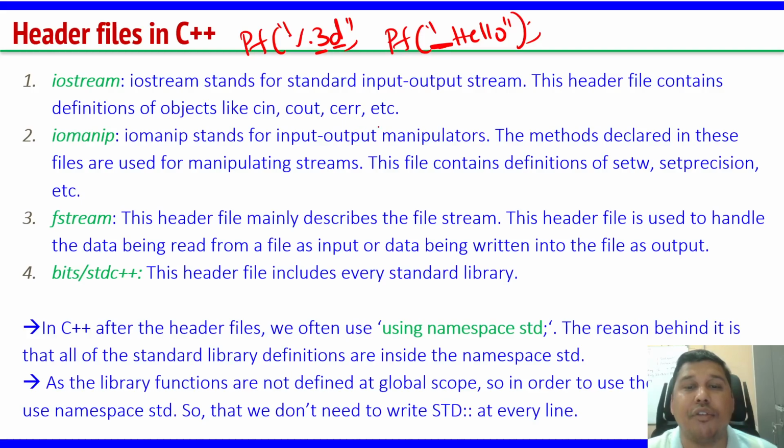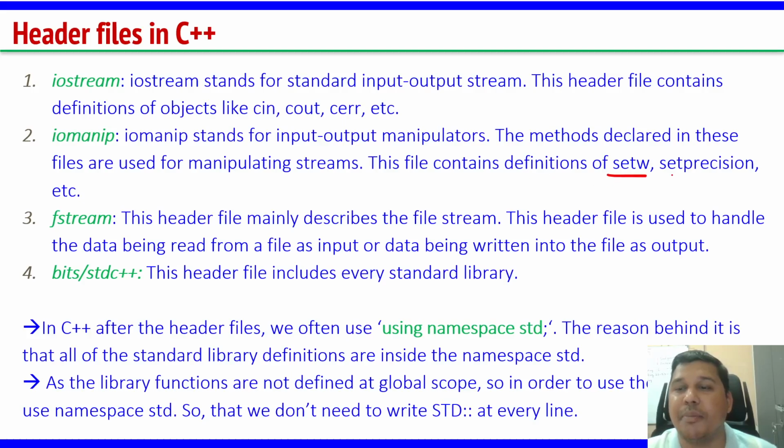So for these kinds of manipulators, either on the input or output stream, we have to use iomanip. This contains setw, setprecision, etc. We will explore them all in detail as our unit progresses.